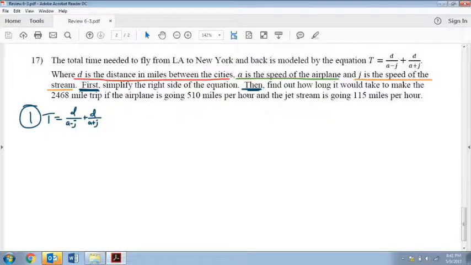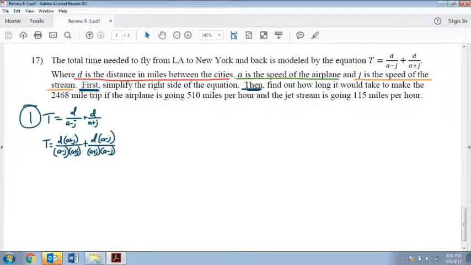So t equals d times a plus j over a minus j, a plus j. The second one needs the a minus j over a plus j, a minus j. Now we have a common denominator.